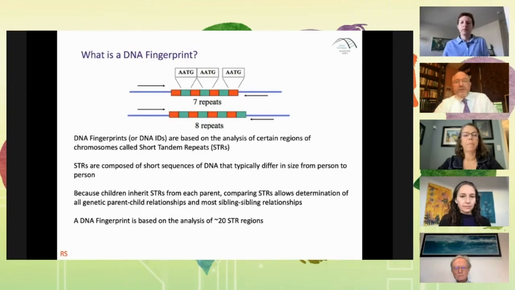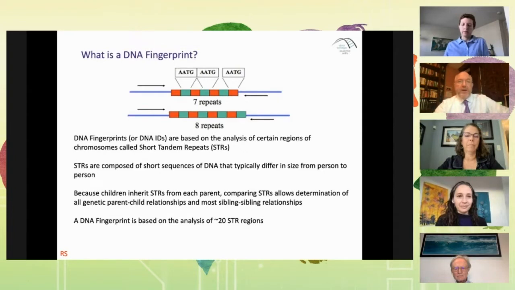I know it's early, so there's only going to be one quick slide on molecular biology, but I think it's important. The 6 billion letters of the human genome are organized into 46 chromosomes. One chromosomal feature is the basis for DNA fingerprinting. That feature is called STRs, or short tandem repeats.